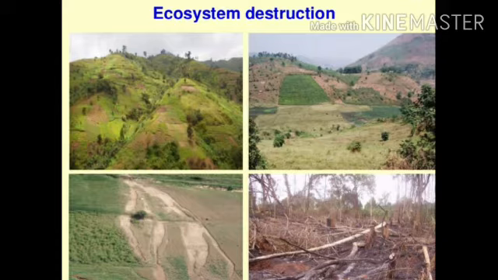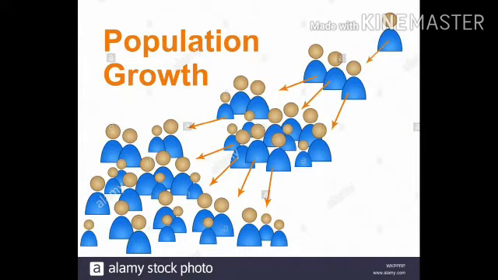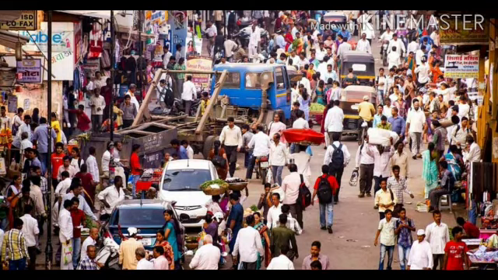Number one is population growth. Human population is growing beyond the carrying capacity of the planet. As population is growing and per capita consumption of resources is also increasing, the ecosystem is being constantly destroyed.